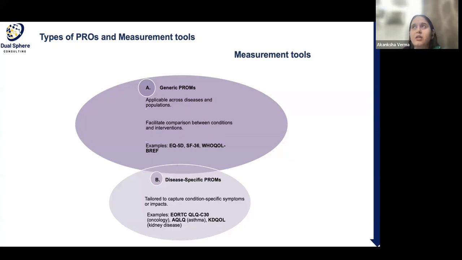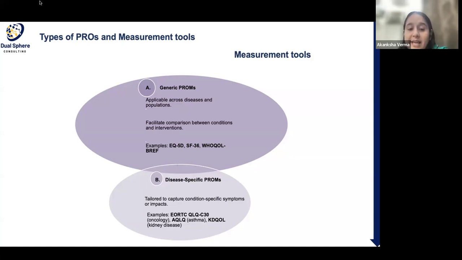Okay, and then the scores generated out of the two questionnaires you can compare and see which is providing better value, whose condition is worse or whose condition is better.